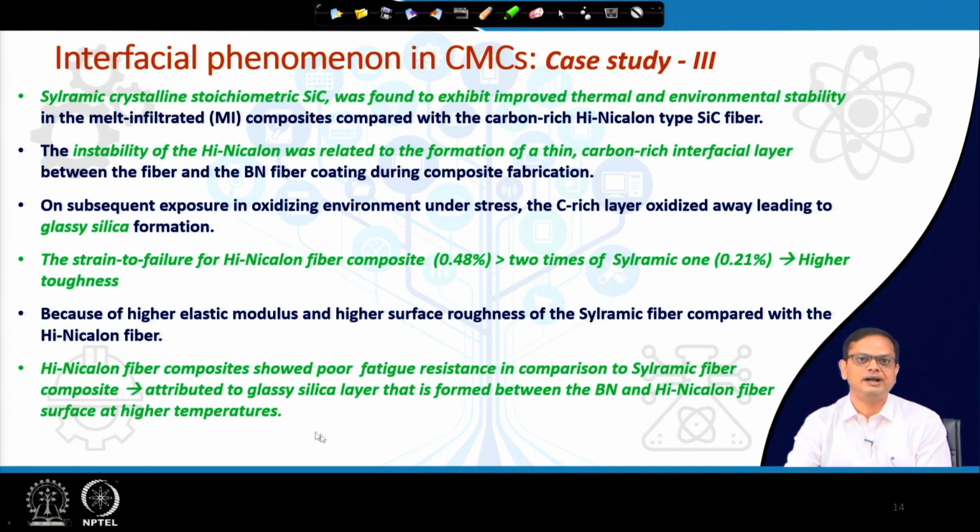Ultimately, because of the glassy layer formation at the interface of the boron nitride and silicon carbide, the high nickelon fiber shows poor high temperature fatigue resistance compared to the ceramic fiber reinforced composite.